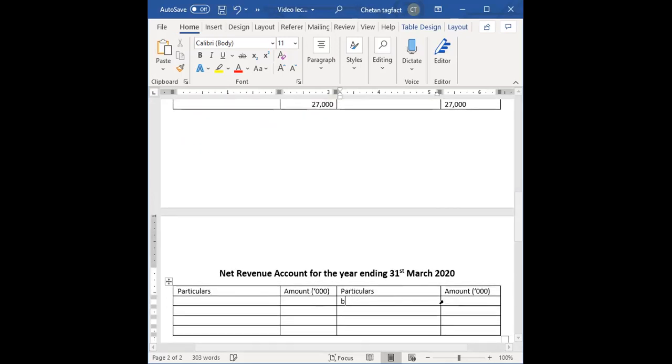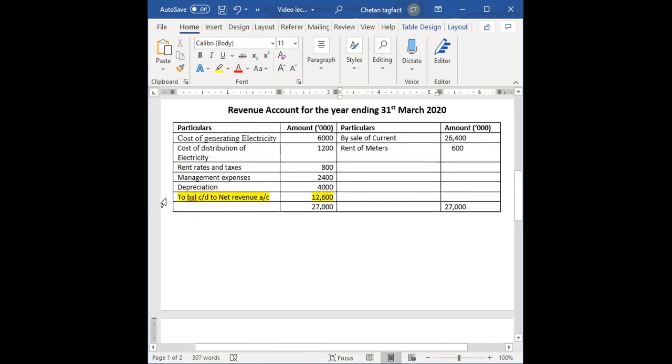So this balance has to be brought down. So I take it as by balance brought down. This is given in the problem. So how much we are having? 5,700. And after this, you have to bring down the second step in preparation of net revenues, bring down the current year revenue balance which you have taken.